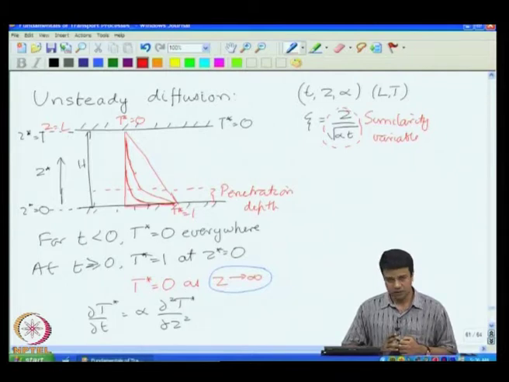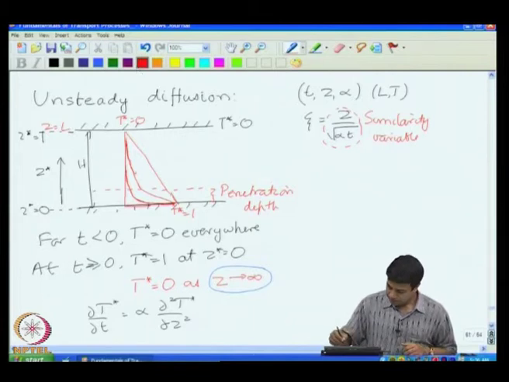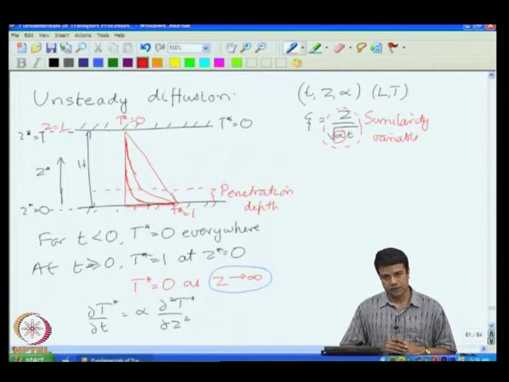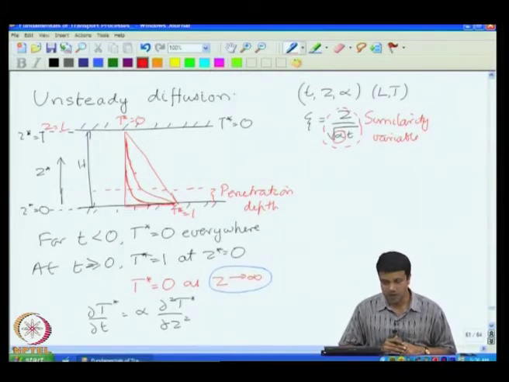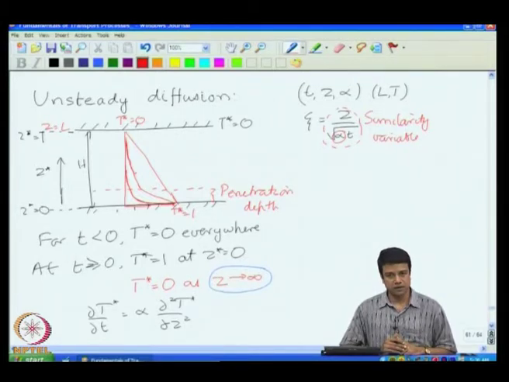The only thing is that I would substitute the mass diffusivity for the thermal diffusivity here in my similarity variable. I would substitute the momentum diffusivity, kinematic viscosity nu, for the thermal diffusivity in this problem.